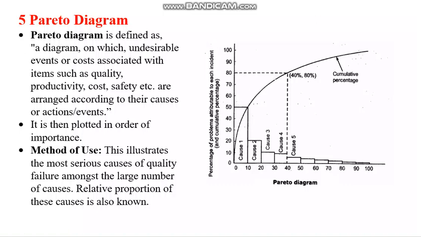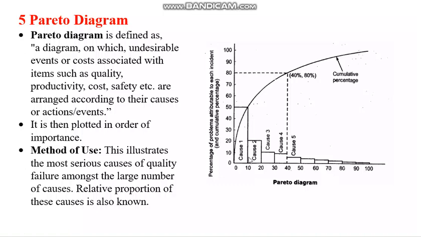Cause 1 is contributing to 50% of the problems in quality. It can be like our machines are poor, or our raw material is not good, so that may be causing 50%.